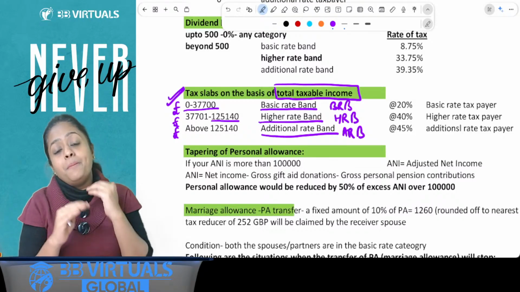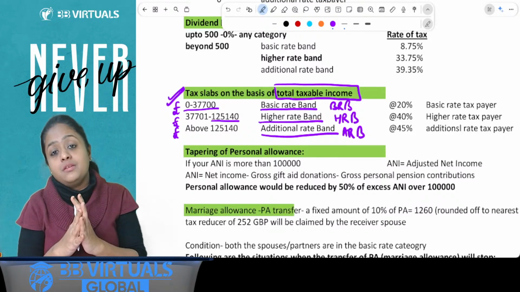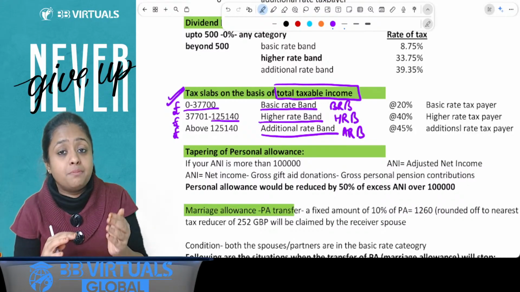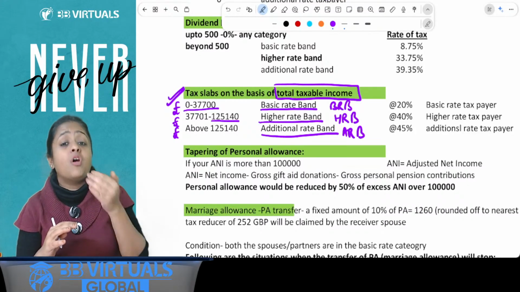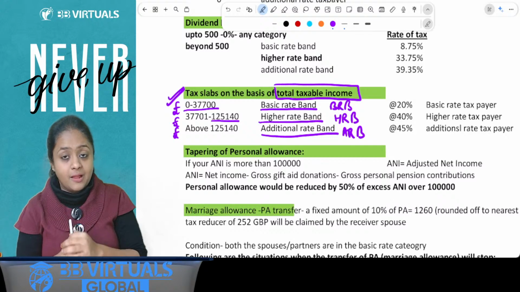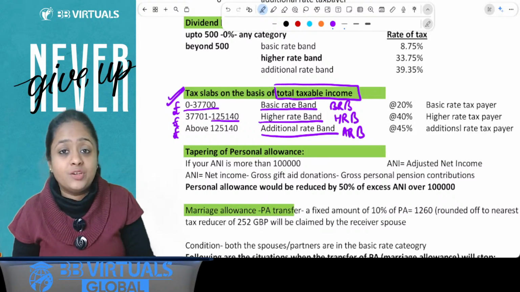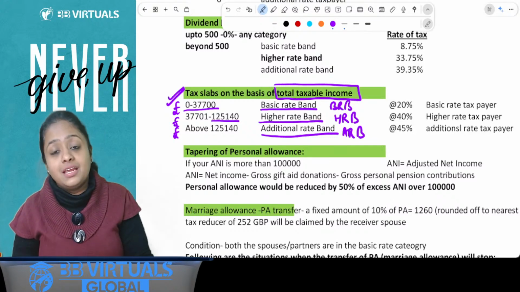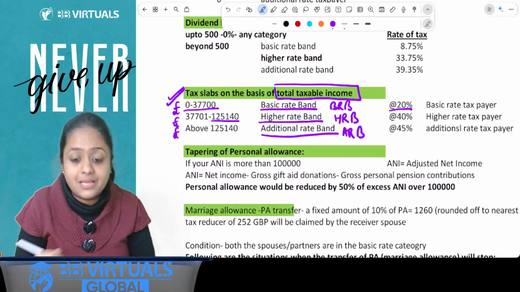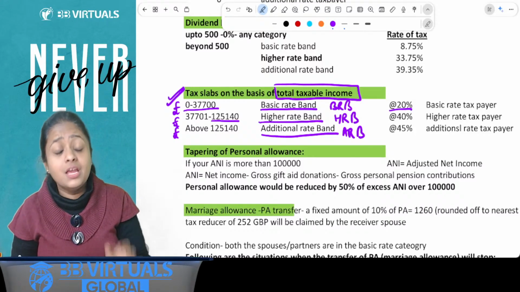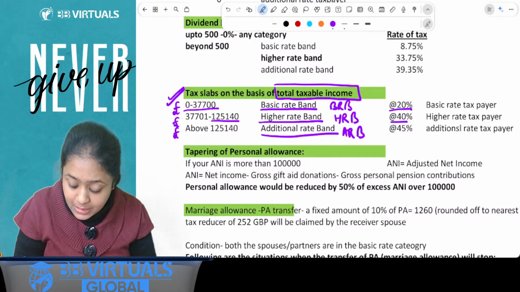So now, based on the total taxable income, the taxpayer will be in the basic rate band or may extend to the higher rate band or may extend to the additional rate band. Now you will say, ma'am, what is the effect of it? The tax rate in the basic rate band is 20%. The tax rate for the higher rate band is 40%.